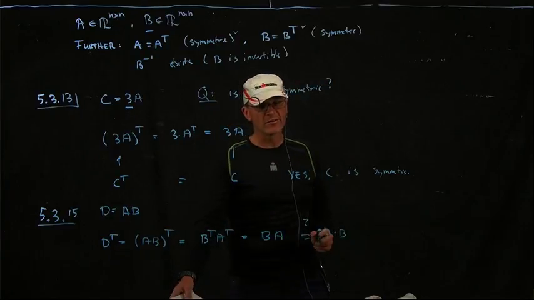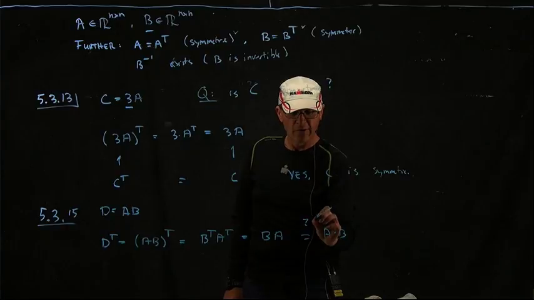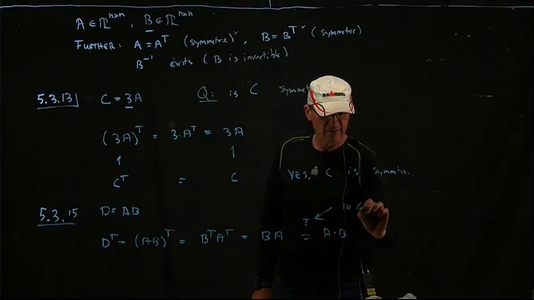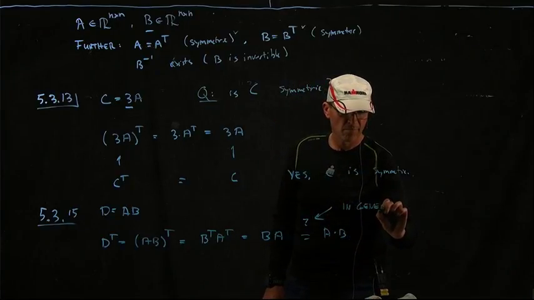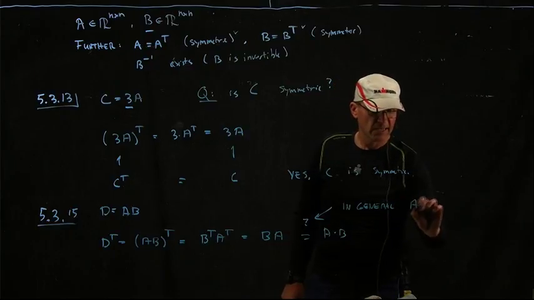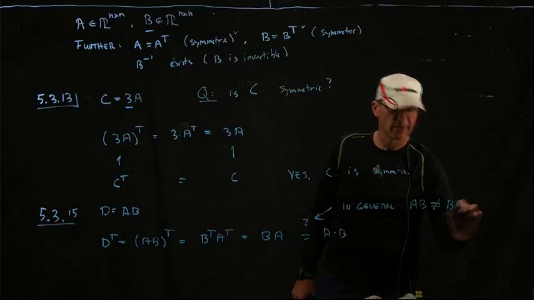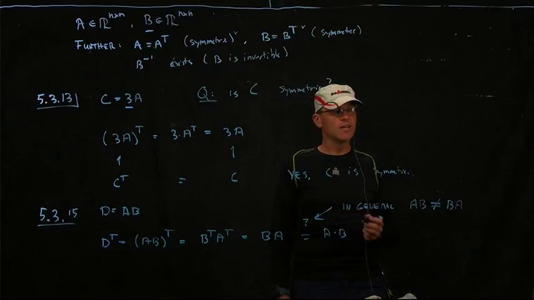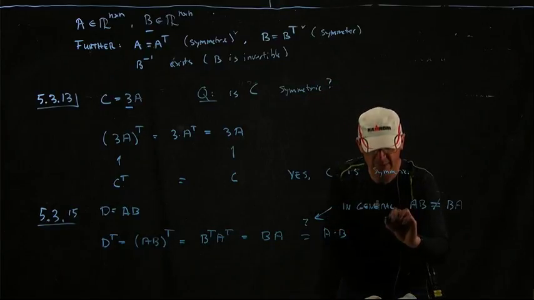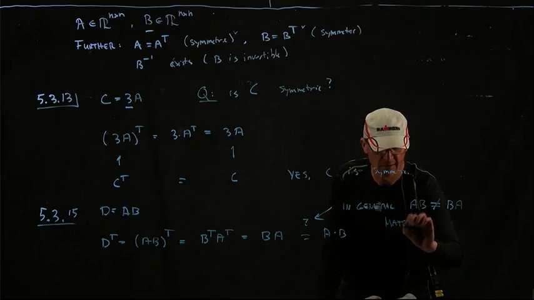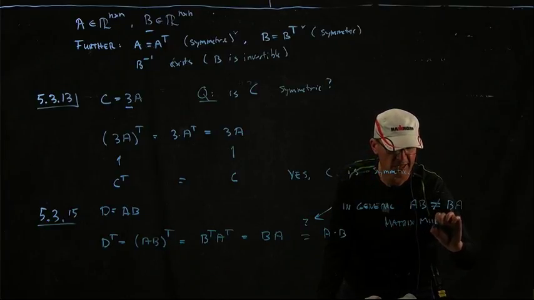So question, is that equal to A times B? In general, the answer is no. In general, A times B is not equal to B times A, because matrix multiplication is not commutative.